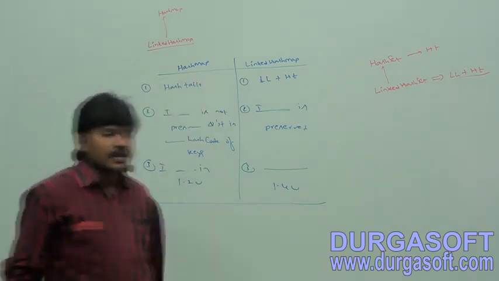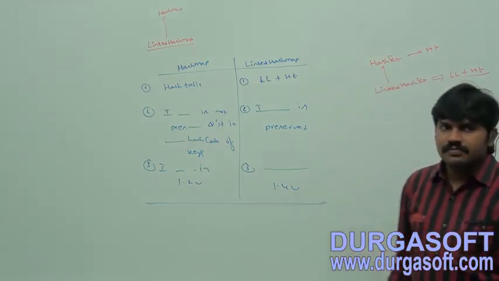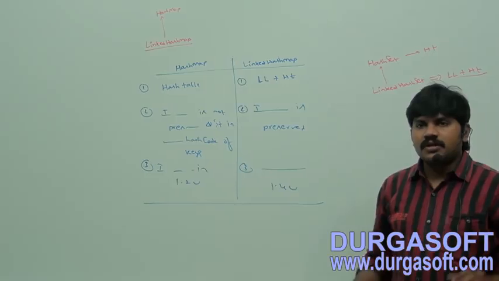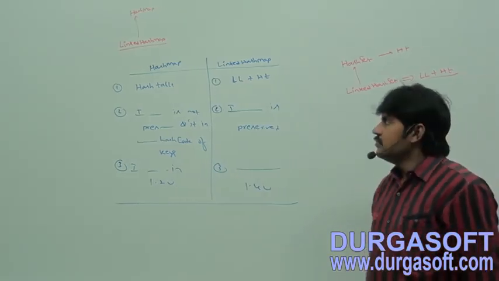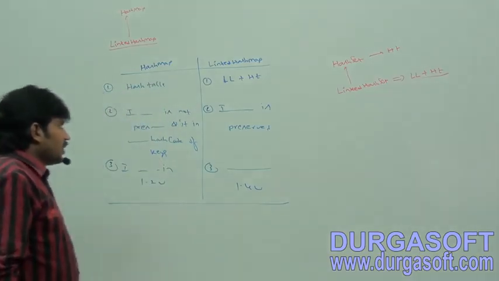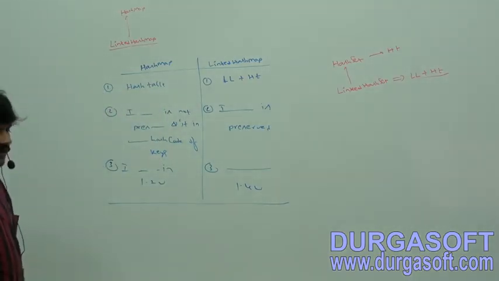First, add the points. Linked hash map is the child class of hash map.